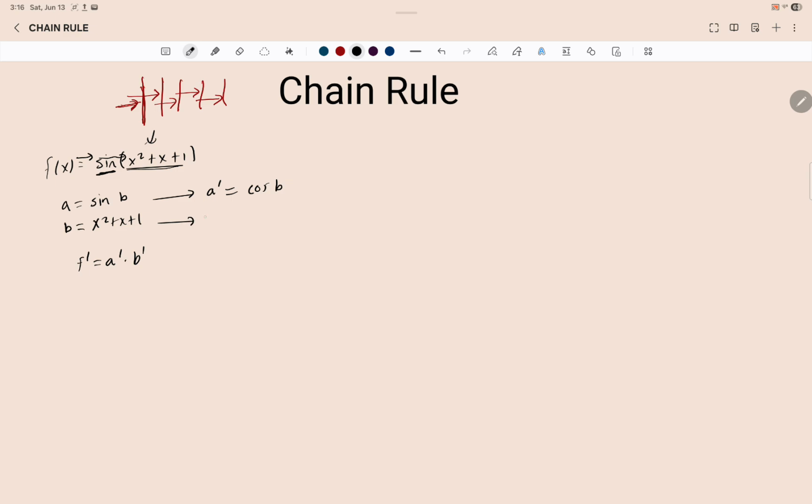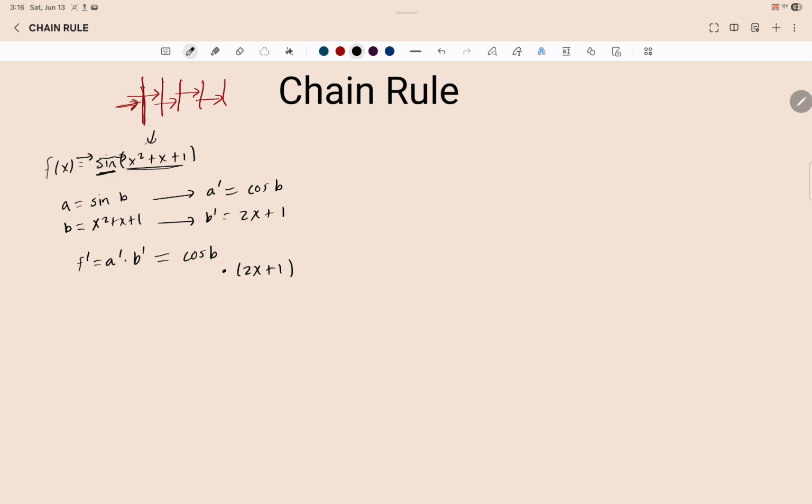And the derivative of b is just going to be 2x plus 1. Great. So now, recalling that f prime is going to be a prime times b prime, all I have to do is replace a prime and b prime with what we have in the right hand column. With that, it's going to be cosine of b times 2x plus 1.